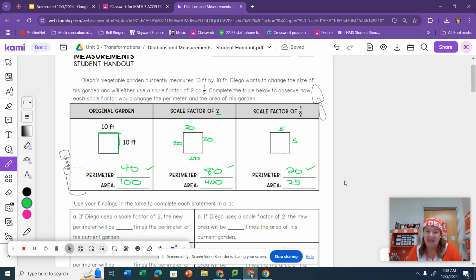We didn't just do the area times 2, or take the area in half. And that's because area is squared. If I would have put this right, I would have said feet squared. Okay, so we're going to talk more about that.